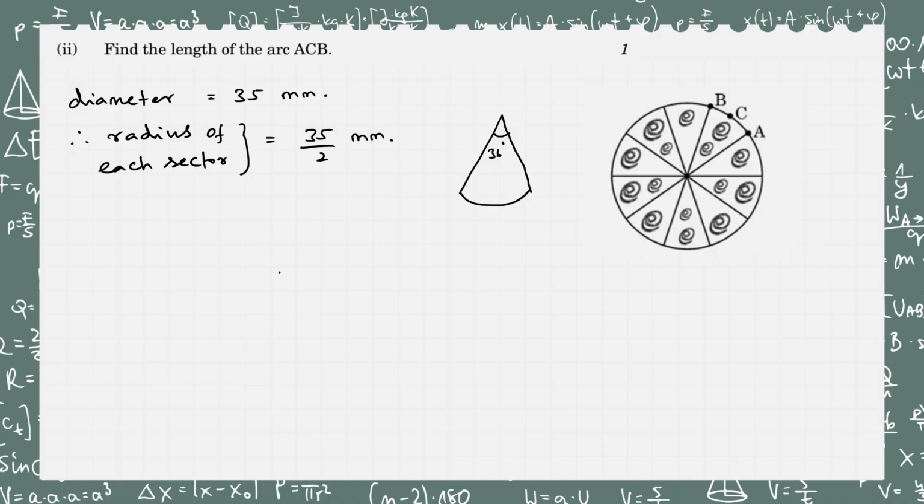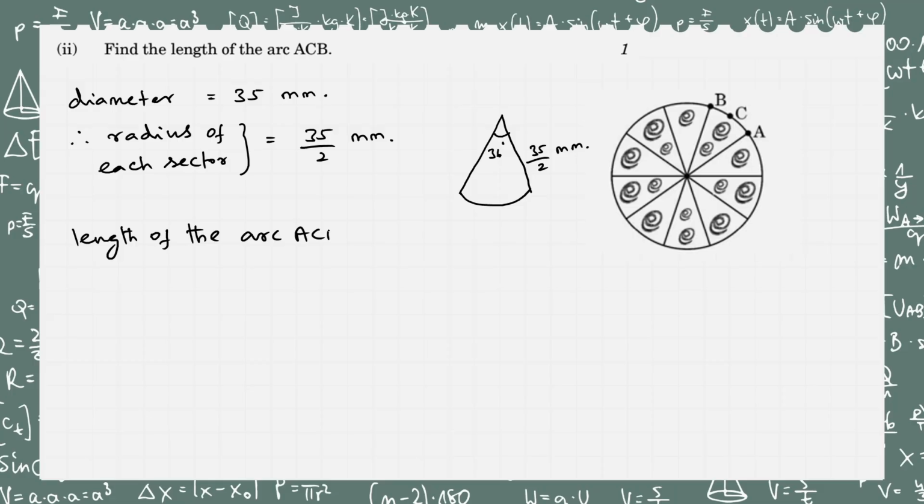Let us not convert it as a decimal, let it be as a fraction. That is easy for our calculation purpose. So the radius is 35 by 2 millimeters, and we know the central angle and we know the radius. So length of the arc can be easily found, right?